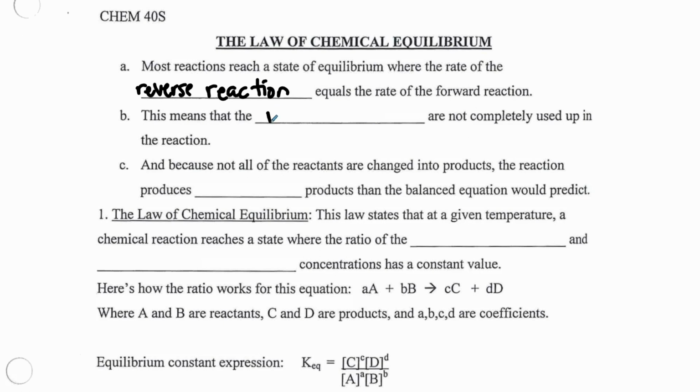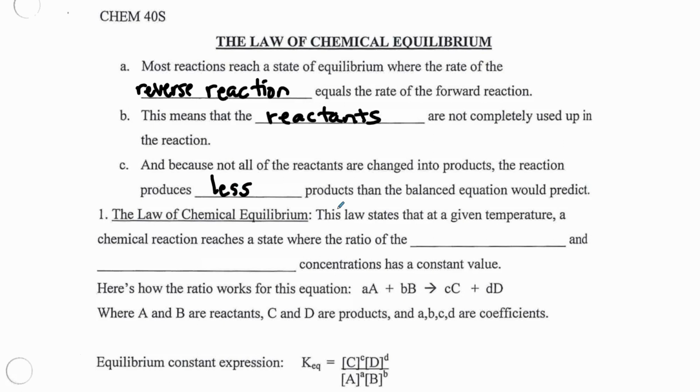This means that the reactants are not completely used up in the reaction. And because not all of the reactants are changed into products, the reaction produces less products than the balanced equation would predict.